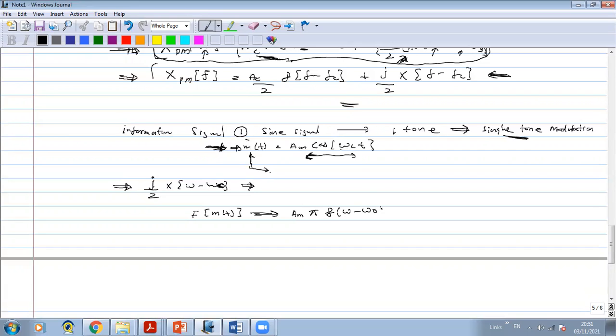Here it is omega_m, this is our modulating frequency. And I have plus Am pi delta(omega plus omega_m). So I have these two terms. If I evaluate the Fourier transform of a cosine signal, I can use this identity.